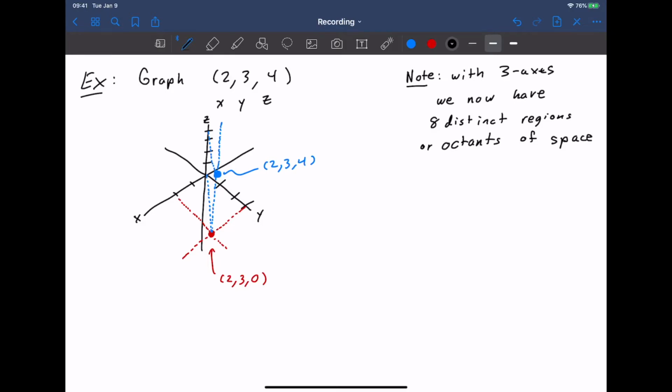So again, just like we would talk about the XY plane, now we're going to talk about the 3D space. So sometimes people say 3 space or just 3D space. I'll probably alternate.